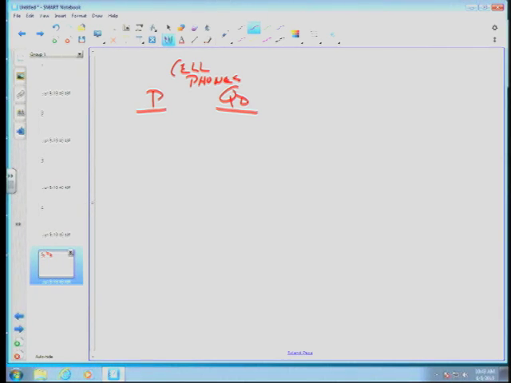So, generic cell phone. What possible prices could we have for cell phones? We'll put $50, $75, and $100. And let's say in our community here, our economy, there are 30 of us.